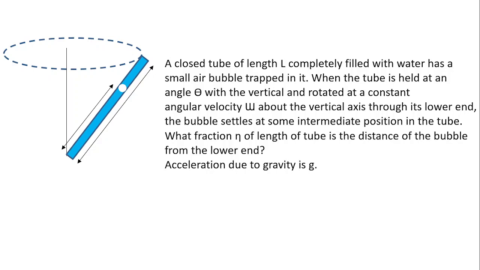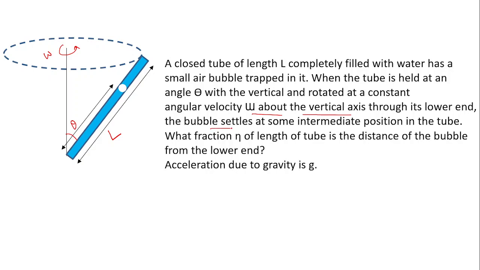So the question says there is a closed tube of length capital L completely filled with water and has a small air bubble trapped in it. So this is the tube and its total length is L, and when the tube is held at an angle theta and rotated at a constant angular velocity omega about the vertical axis, so it is rotating something like this, through the lower end.